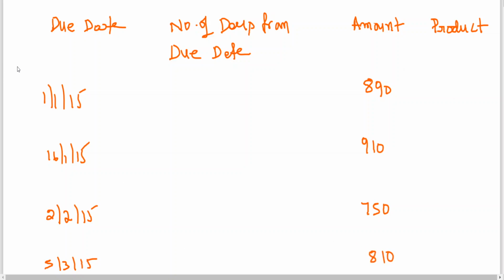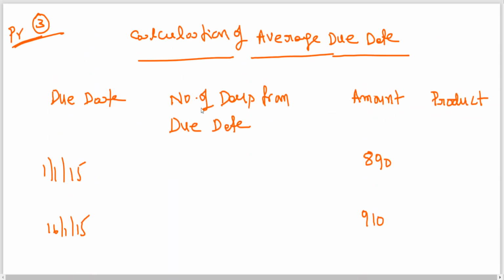Now here, which is the earliest date? 1st January 15. So here I am writing the number of days from the base date. First January 15, so 0, product is 0.